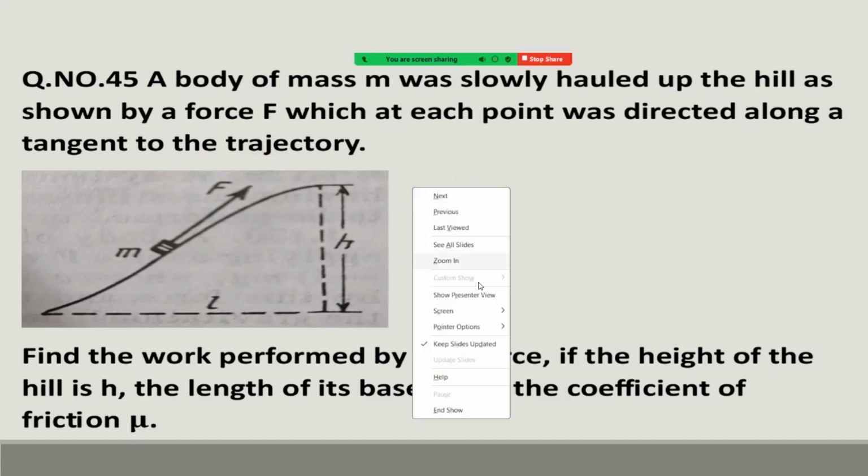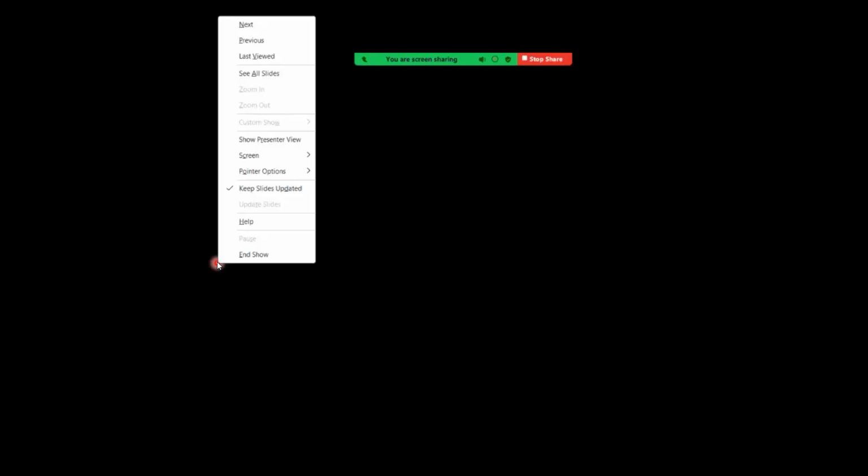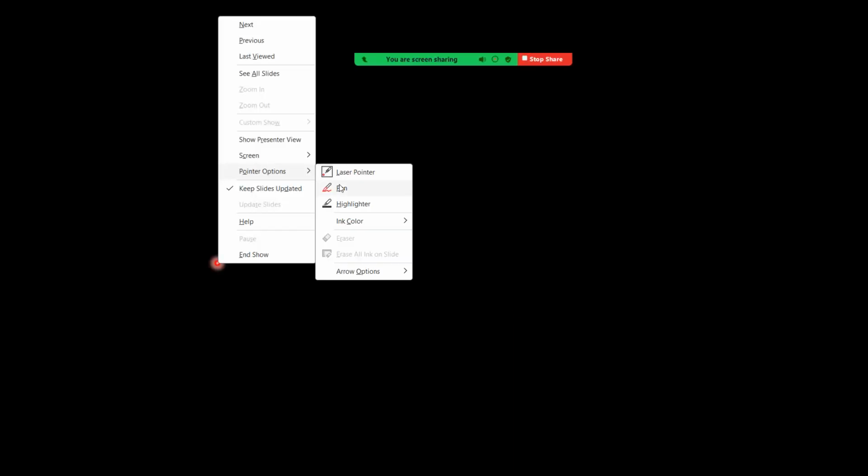Let us see how to start it. Right. First make the given diagram. Here shape is not important.